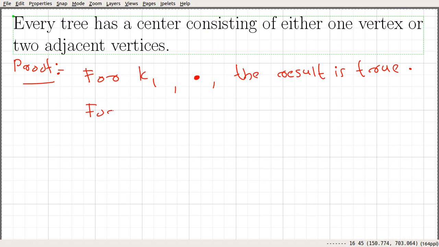Similarly, for K equal to 2, we have this tree, and these two vertices are the center of this tree. The result is two adjacent vertices, and these vertices correspond to the center of K2.